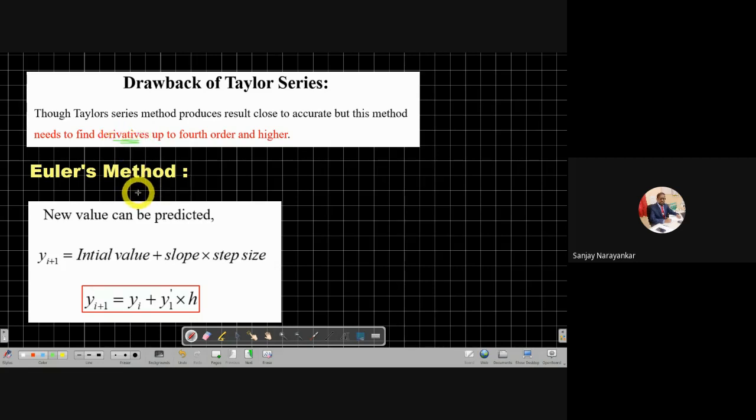If you are able to find the higher order terms, in one step you can get the answer. But the drawback is you have to deal with higher order terms. To overcome this problem, we have Euler's method. Euler's method says just consider this straight line, and you will get the value of y. So what's the value of y? y is equal to y0 plus y dash h. You can use only the first two terms of the Taylor series.